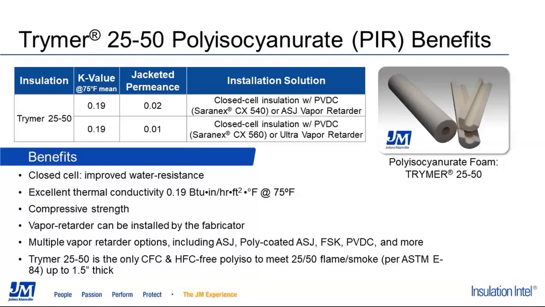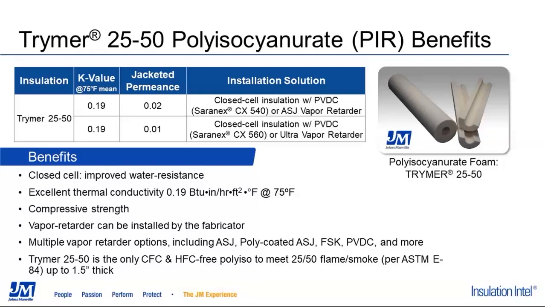These include ASJ, poly-coated ASJ, JM Sarin XCX vapor retarder, which we'll talk about later, and a variety of other high-performance vapor retarders, such as Mylar, aluminum Mylar. Vapor retarder flexibility is really an important benefit for Trymer PIR, and it can be used with a high-performance vapor retarder like our Sarin XCX, as mentioned, in high humidity, non-climate controlled environments, such as outdoors or in machine rooms.